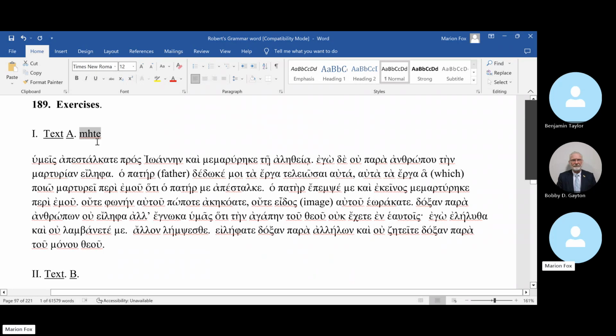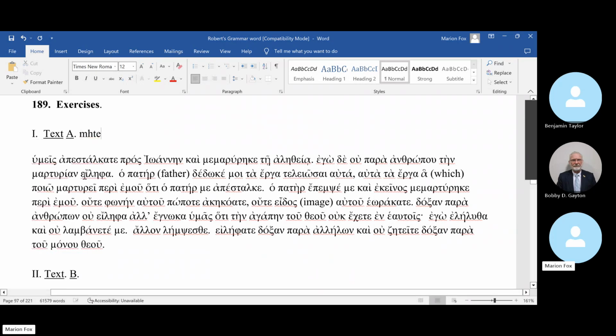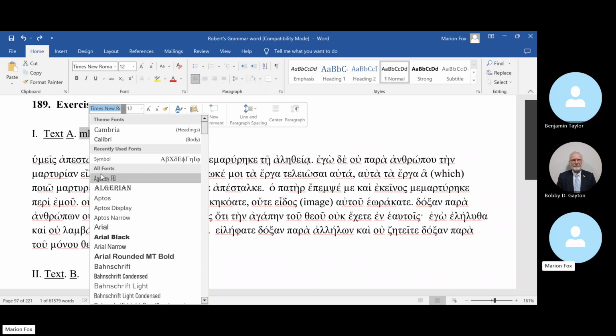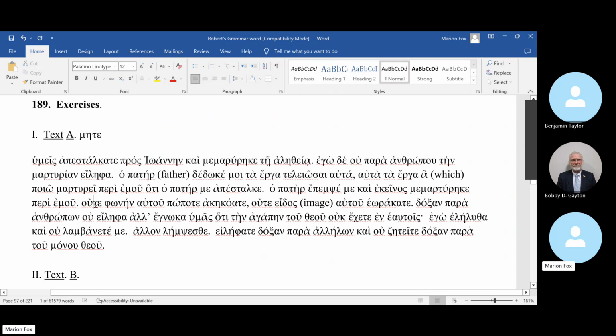I ignore it. Symbol. Mete. There's oute down here. Where was it? Oute. And then there's mete.